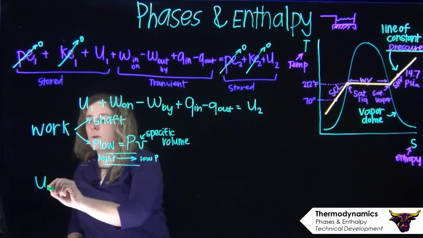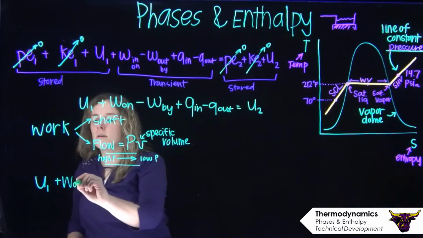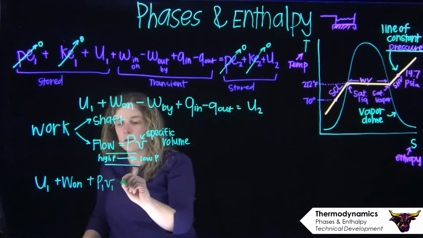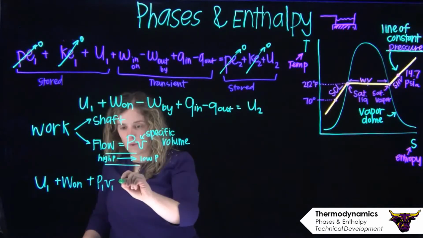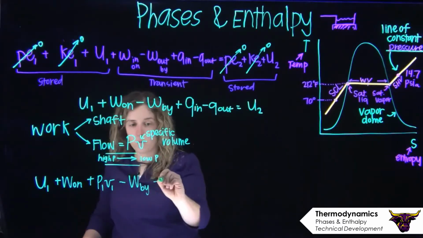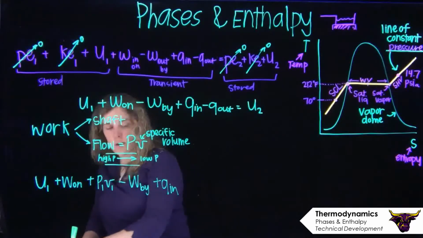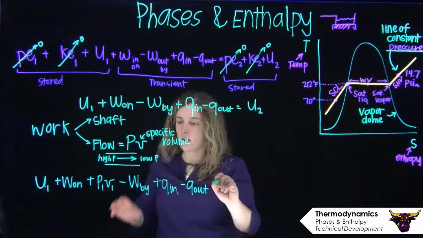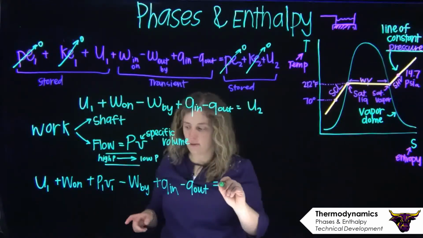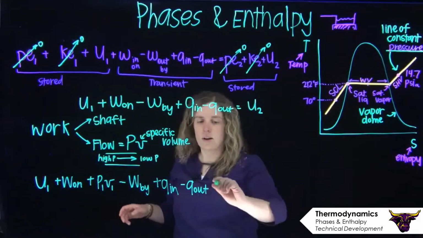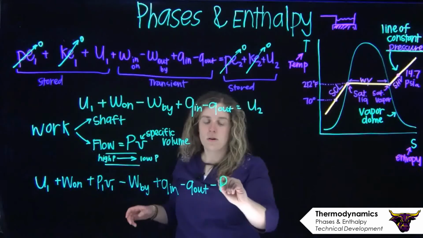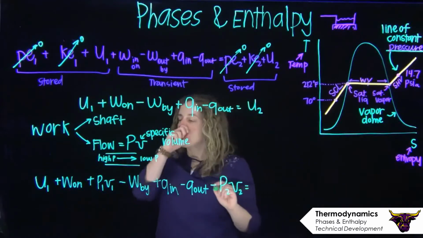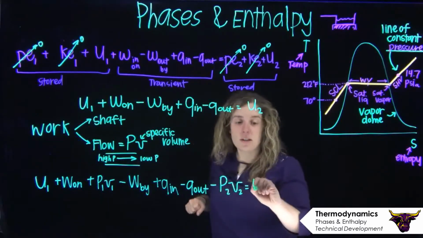We are going to have U1 plus work on plus P1 V1 minus work by plus Q in minus Q out. And you can decide whether you like to subtract P2 V2 or put it on the other side, so P2 V2 is equal to U2.